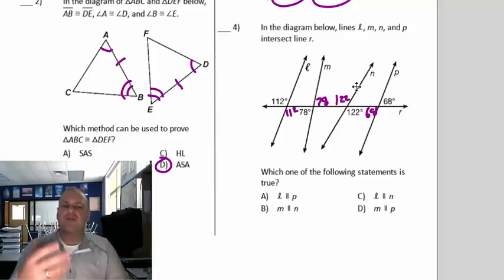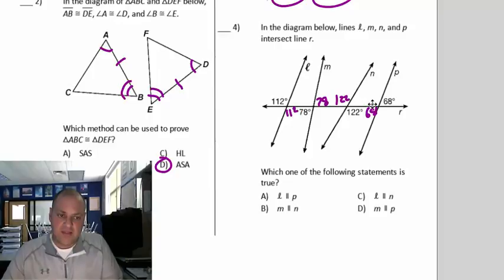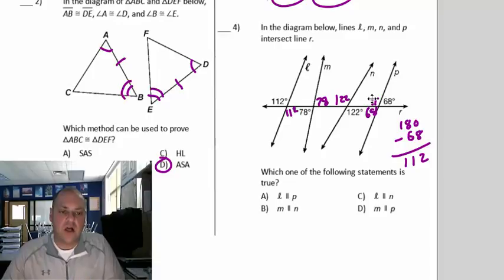In a picture like this, I try to label all the angles that I know. Also, linear pairs, when you have a straight line there, you got a 180. So then this must be 180 minus 68, and that's going to be what? 112.